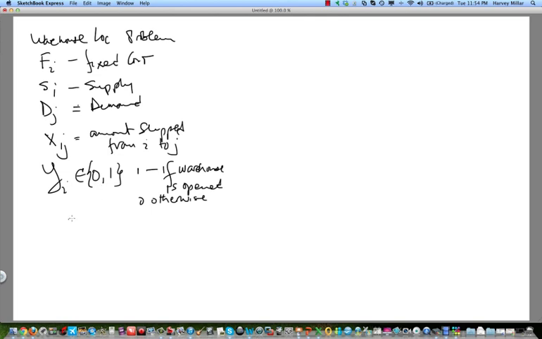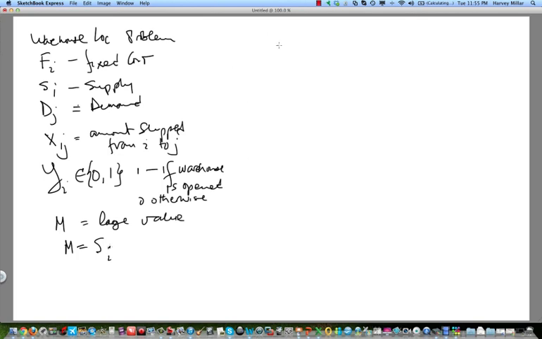So if we want to model, we're going to let M be a large number, a large value, and we could pretty much set M equal to S_i. It doesn't hurt.